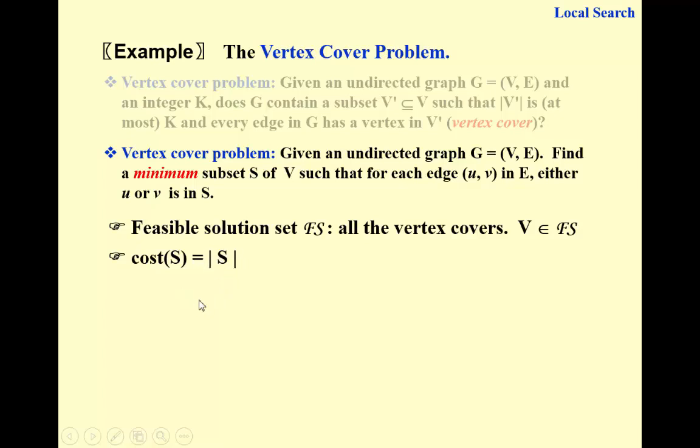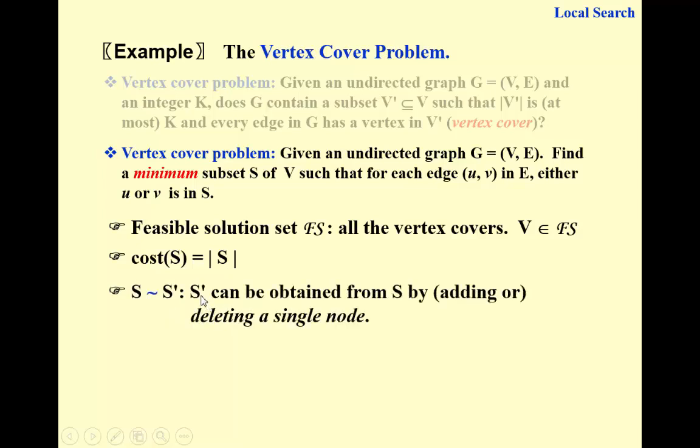And now it's time to define local. Local means S prime can be obtained from S by adding or deleting a single node. So to change one node from S, and we can obtain S prime. Well, deleting is reasonable since we're trying to minimize the size, right?